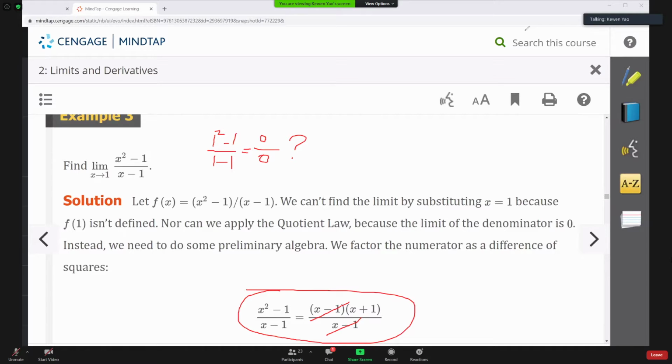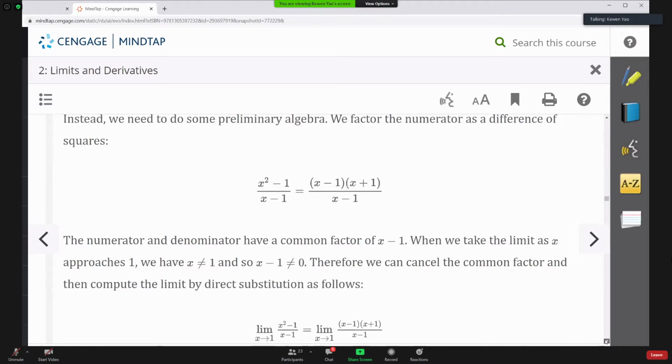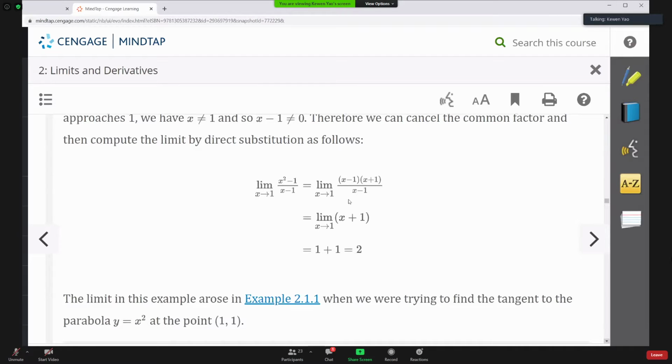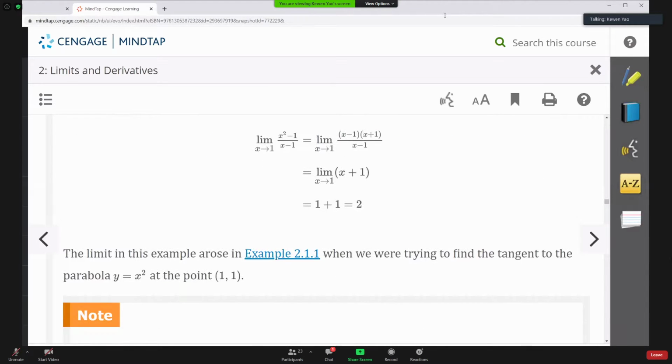So let me continue. You can factor the numerator, so it becomes (x minus 1)(x plus 1) over (x minus 1).